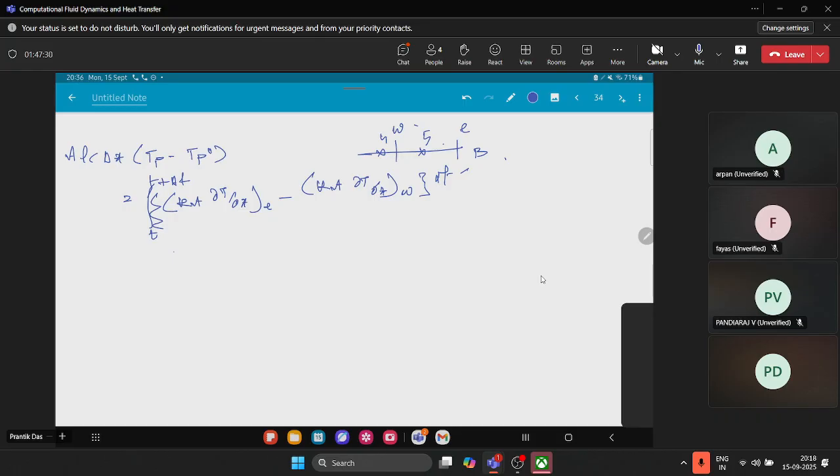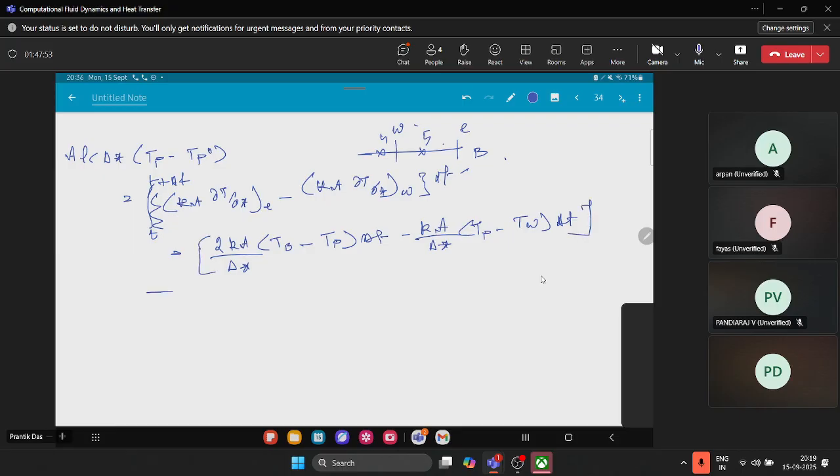So now similarly we can write 2k by delta x (Tb minus Tp) minus k A by delta x (Tp minus Tw), multiplied by delta t. Is it clear to all of you?